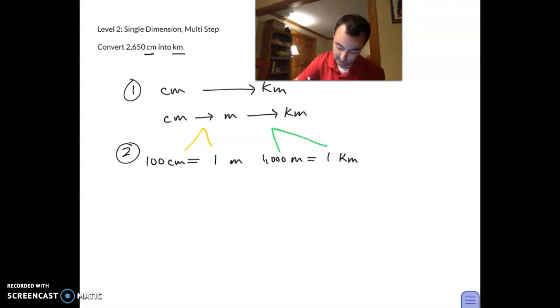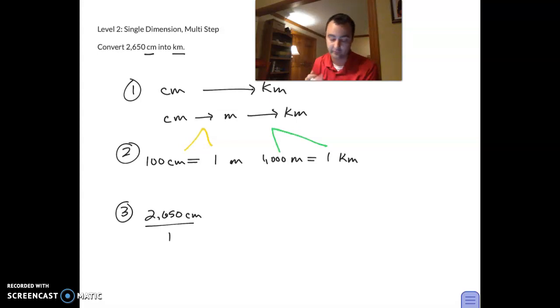Okay? The third example asks us to set up units to cancel. So multiply in a way that's going to cancel the units. So the number we're starting with is 2,650 centimeters. You can put it over 1 because any number over 1 is itself. And I think it makes it look nicer. It's a bunch of fractions.